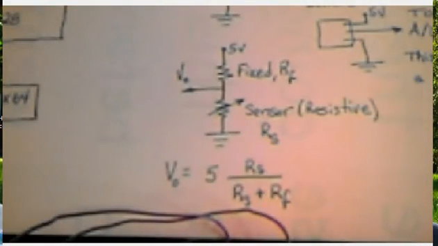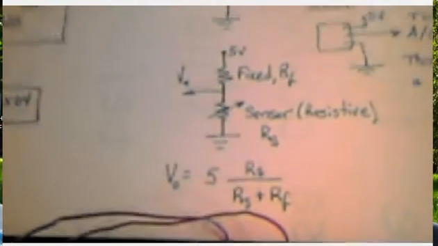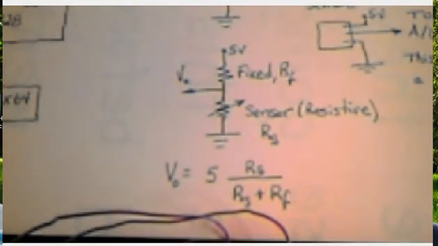I would like to go back to this picture here, where we have the fixed resistor and the sensor in this configuration. This is a voltage divider configuration. We know that the output is going to be somewhere between 5 volts and 0 volts.